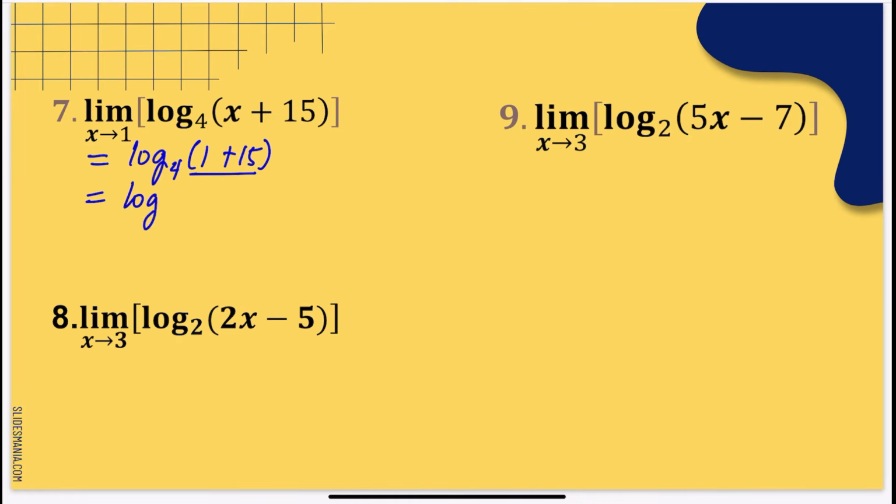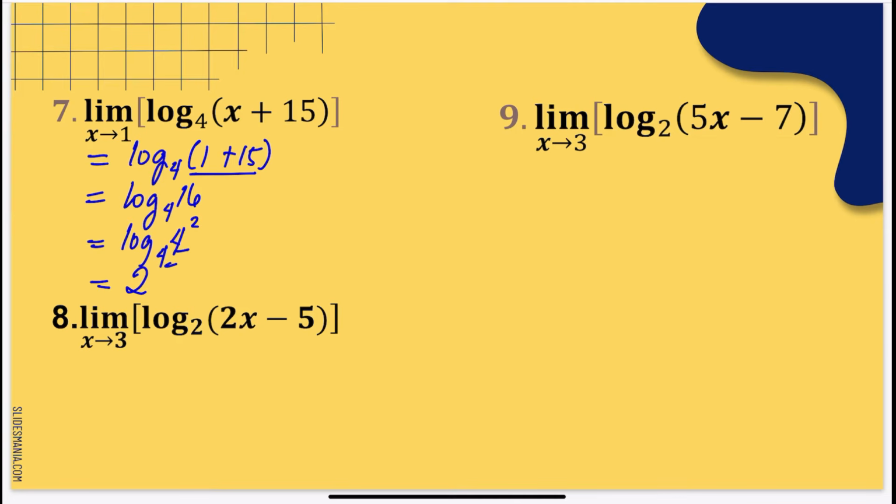We have the logarithm of 16 to the base of 4, which is equivalent to the logarithm of 4 squared to the base of 4. So the answer here: the logarithm of 4 raised to 2 to the base of 4 is equal to 2.